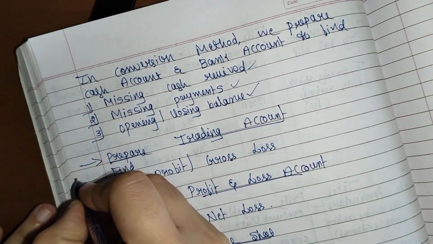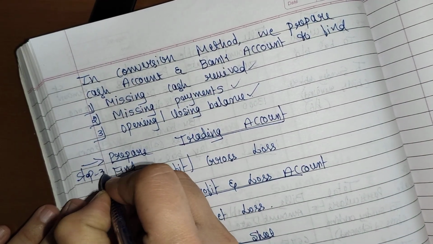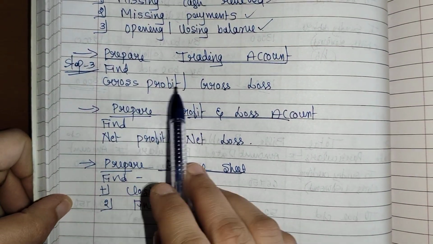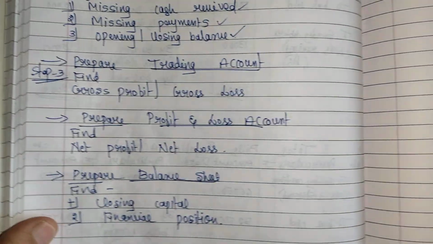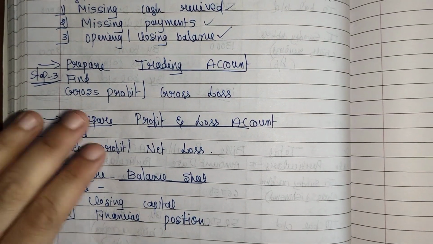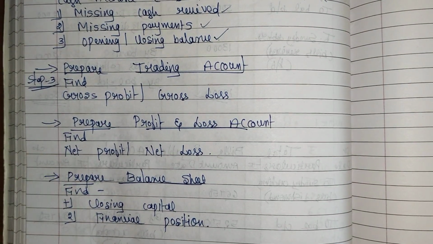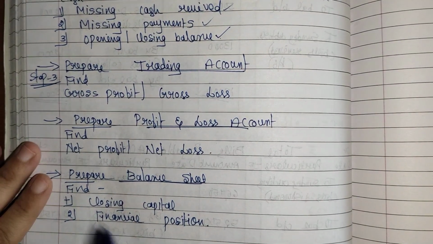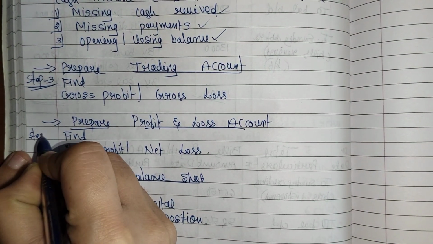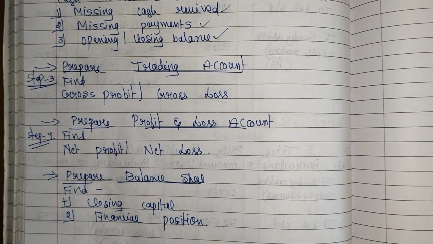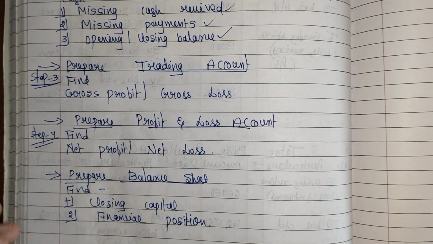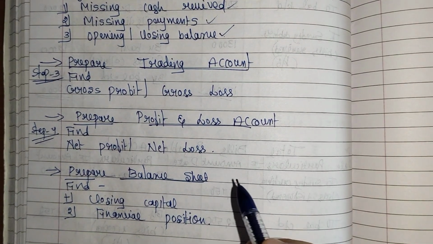So our step three is that we need to prepare the trading account to find out gross profit or gross loss. Clear? Right? The format of the trading account I already explained in my previous classes. After that, step 4 is to prepare the profit and loss account to find out net profit or net loss. This one also I have already explained.